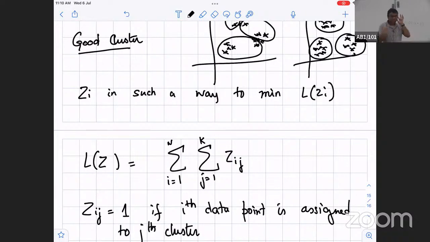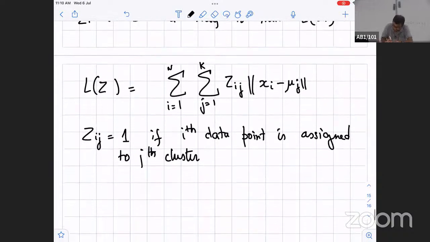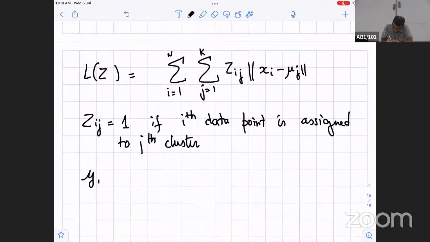Now you want to minimize the total distance within a cluster, so that is just the distance between x_i and mu_j, where mu_j is what is called the cluster center.